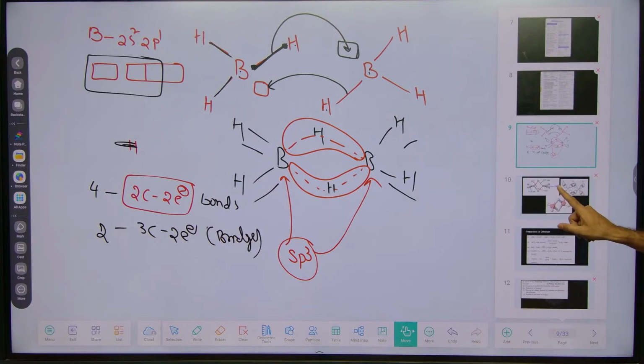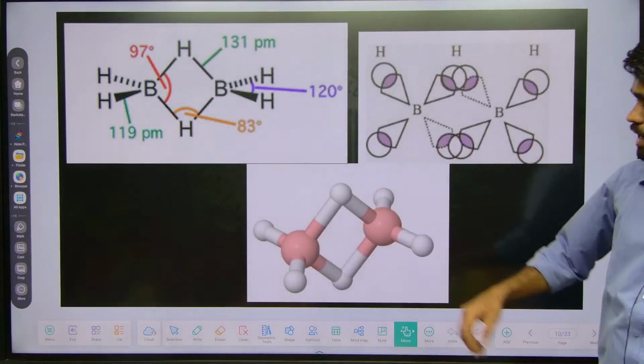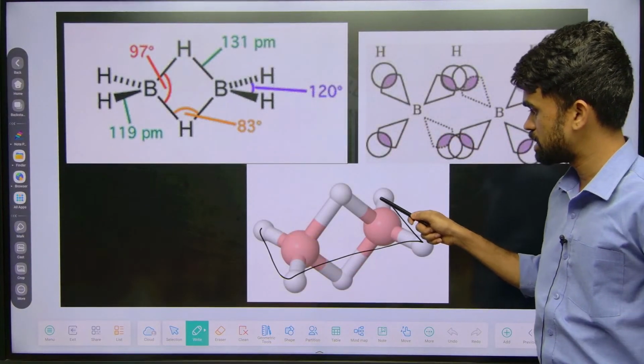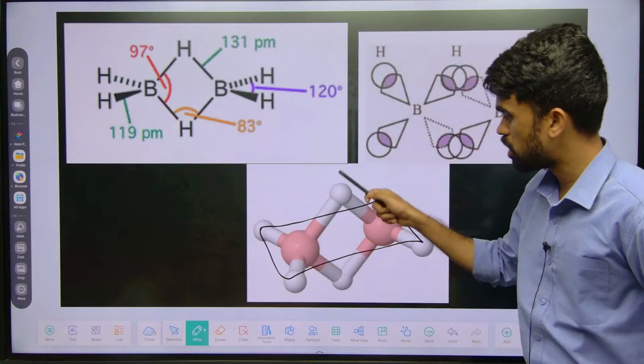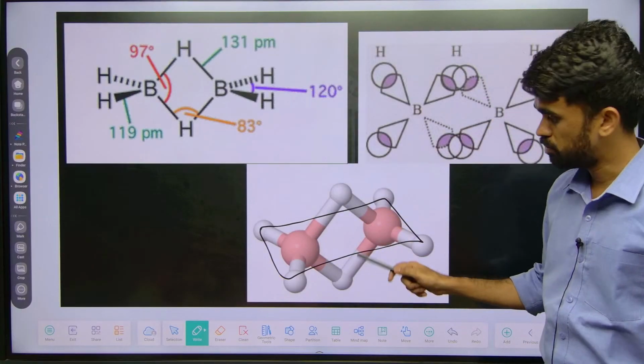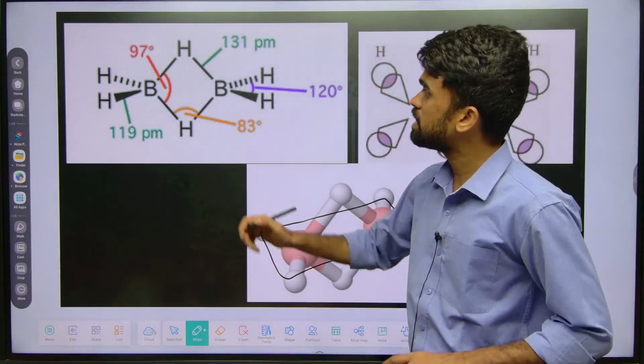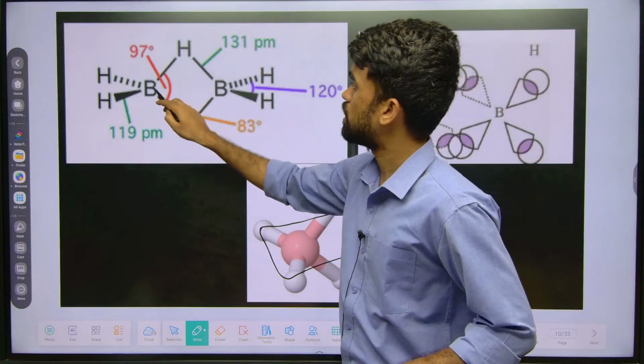Okay, done. So it is something like this. If you consider this as a plane, bridge bonds will be above the plane and below the plane. Like this you can understand. Okay. Now try to write these internal angles and all. So what is this internal angle?